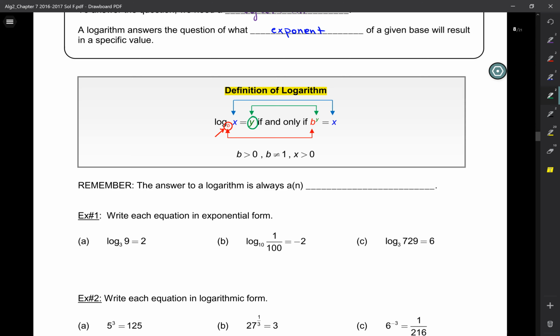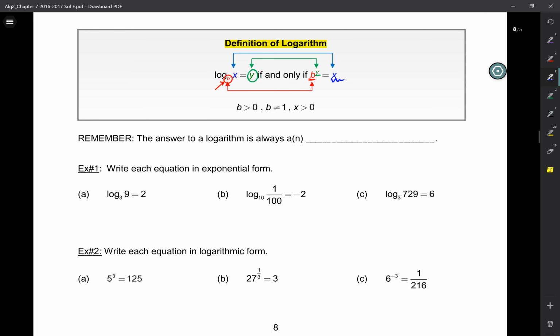I can rewrite it as the base to the power of the exponent is equal to x. That's called the argument of the logarithm, okay? All right, so one more time, I really want to stress this. The answer to a logarithm is always a what? An exponent. Awesome. Okay, once you have that straight, this chapter will just be simple.